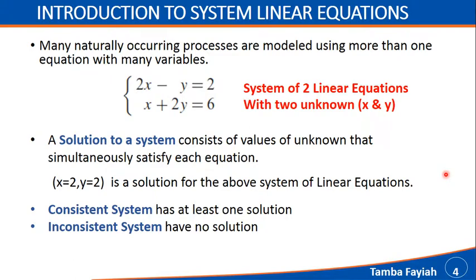For the given system above, x equals 2 and y equals 2 is a solution, because substituting 2 gives 2 times 2, which is 4, minus 2, which gives 2 equals 2. Substituting the same solution in the other equation gives 2 plus 2 times 2, which is 2 plus 4, giving 6 equals 6.